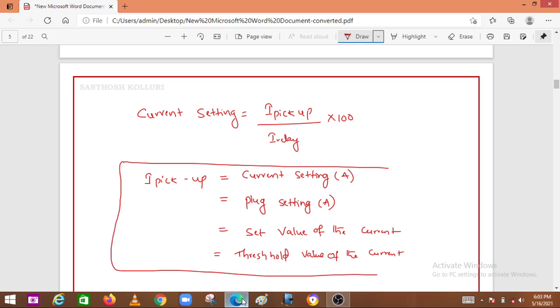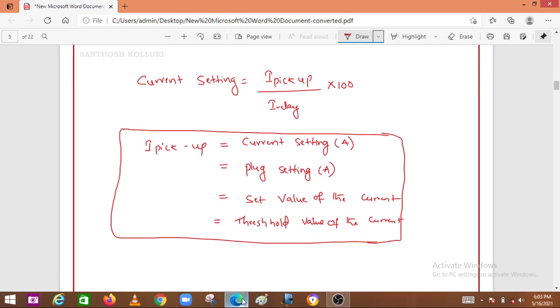So here, how can you change your relay to operate for a particular fault? For example, I am taking the minimum fault current as 1400. If somebody is taking 1600 or like that, how can you change your pickup current? You can change your pickup current by setting the value of current setting. Therefore, you can set the pickup current.